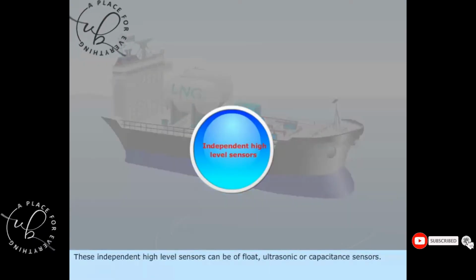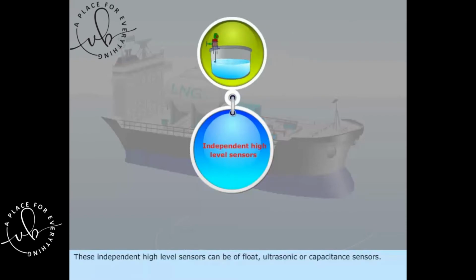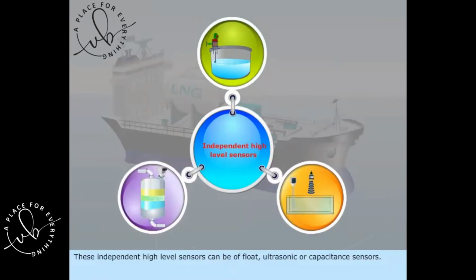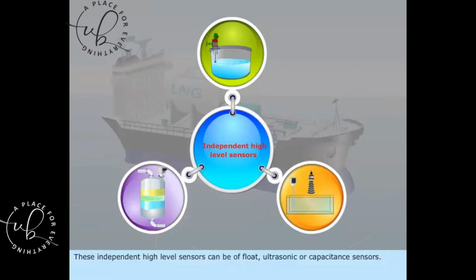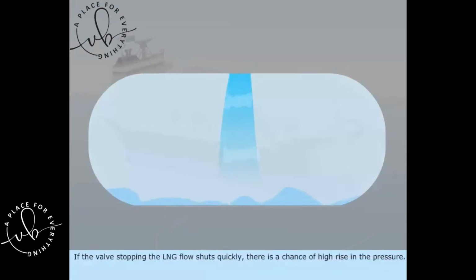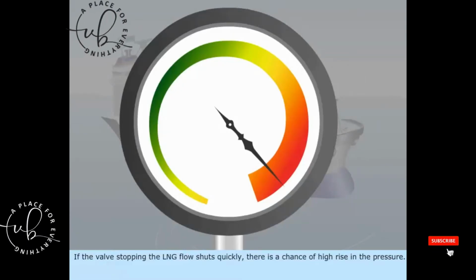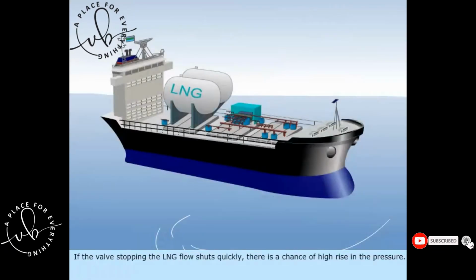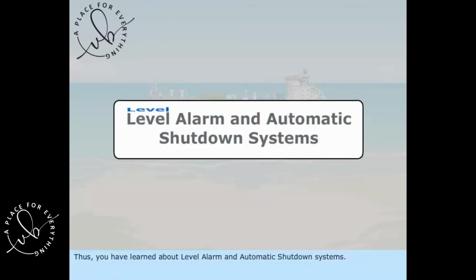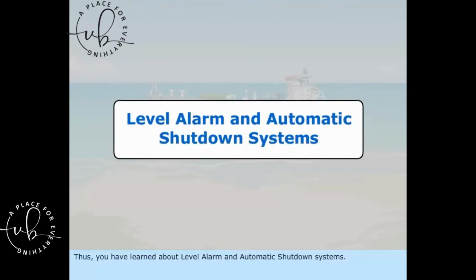These independent high-level sensors can be float, ultrasonic, or capacitance sensors. If the valve stopping the LNG flow shuts quickly, there is a chance of a high rise in pressure. Thus, you have learned about level alarm and automatic shutdown systems.